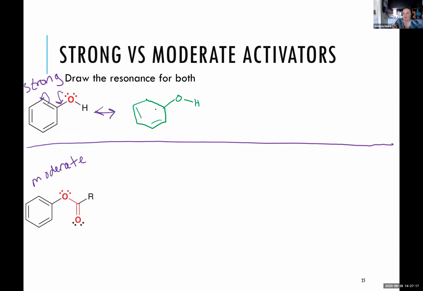If you have trouble drawing resonance, this is how I would suggest doing it. What I drew right now is all of the stuff that didn't change. The ring's still there. 2 of those double bonds weren't affected. The hydrogen didn't change. And then here's the new stuff. We now have a double bond between the oxygen and the carbon, and the other pi electrons are now up on this carbon as a lone pair, as a carbanion.